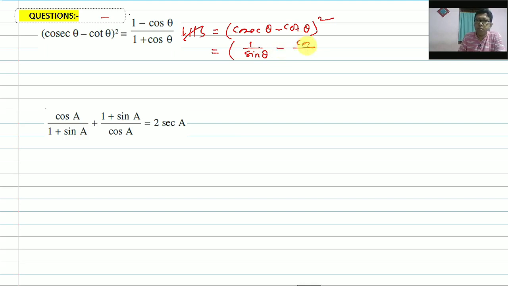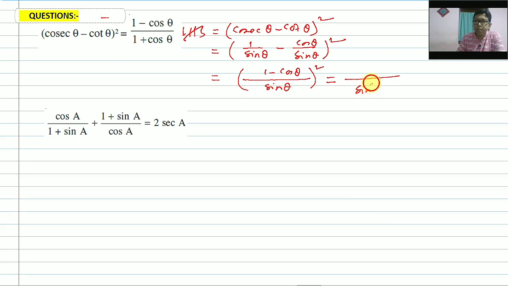Cot theta is equal to cos theta upon sin theta and its whole square. So make an LCM: sin theta, 1 minus cos theta, and whole square. So it is denominator sin square theta and numerator 1 minus cos theta whole square.